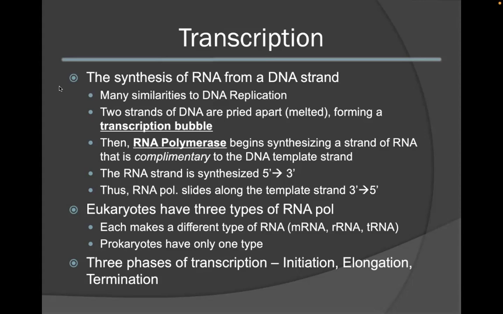They're going to be produced by 3 different RNA polymerases in eukaryotic cells. This we do not see in prokaryotic cells. Prokaryotic cells, however, only have 1 type of RNA polymerase. However, they still possess all 3 types of RNA. The process of transcription can be divided up once again into 3 different phases: initiation, elongation, and termination.